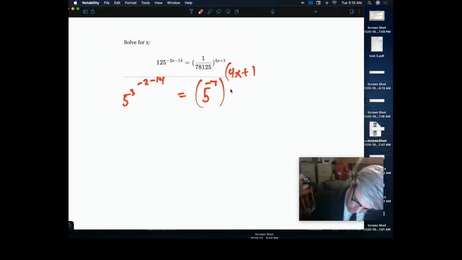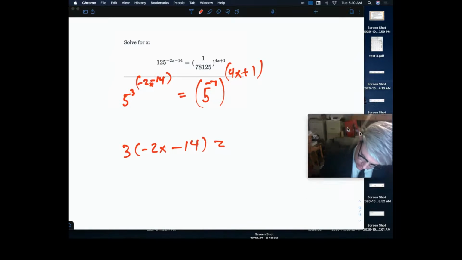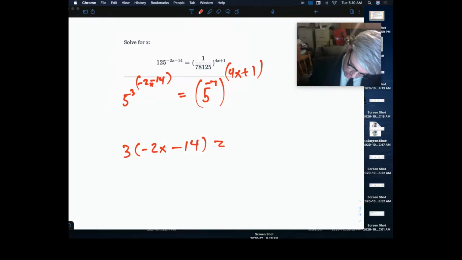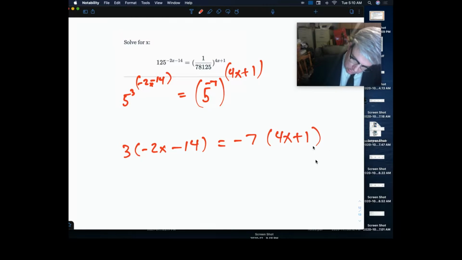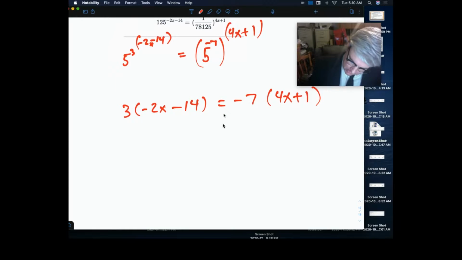Okay, so we know when we raise to another power, we're going to multiply. So I'm just going to jump to 3 times negative 2x minus 14 equals negative 7, 4x plus 1. All right, let's clean it up.